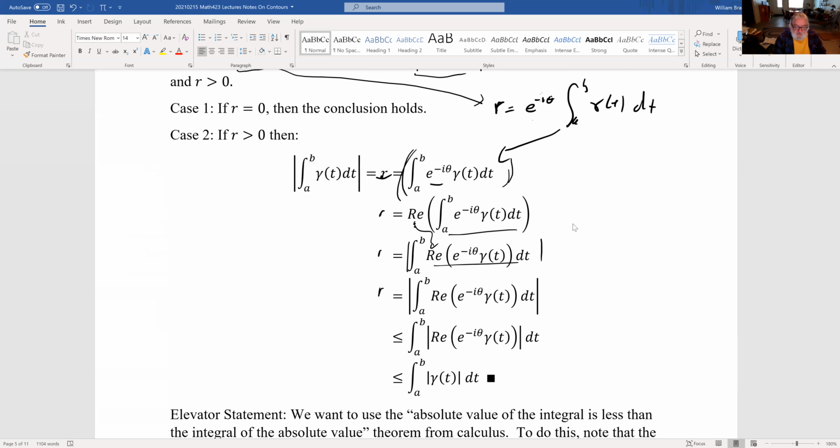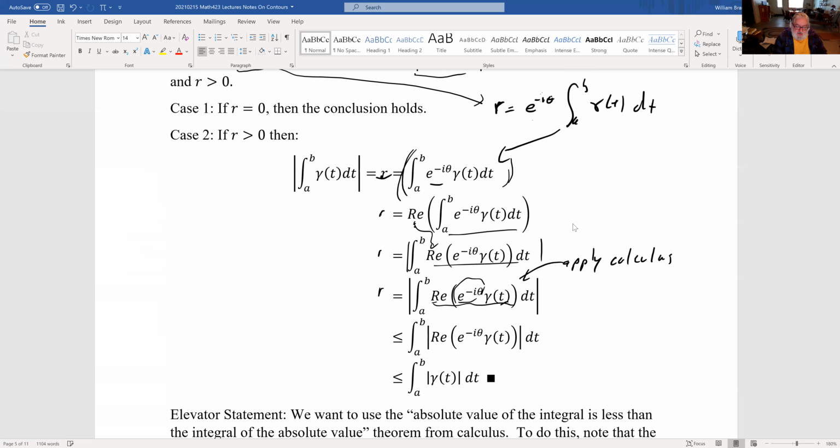But now we have to apply calculus to this. This is a function involving t, right? E to the minus i theta is just a constant. It's a function involving t. Take the real part, integrate it, see what you get.